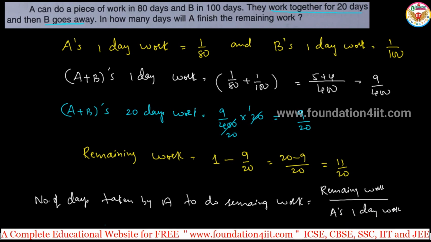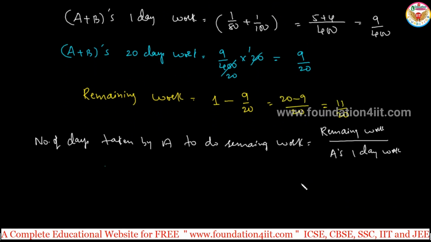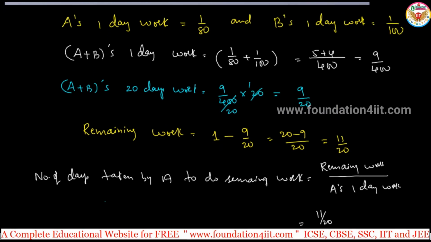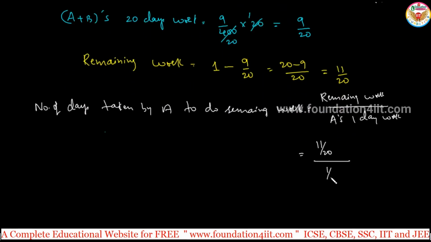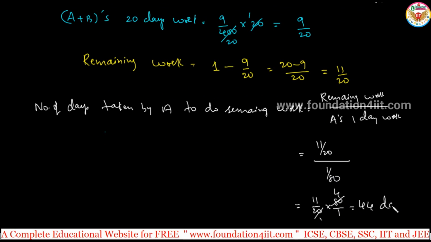So in this problem, the remaining work is 11 by 20, and A's 1 day capacity is 1 by 80. This you can calculate: 11 by 20 divided by 1 by 80, reciprocal 80 by 1, 20 times 4, so 44 days.